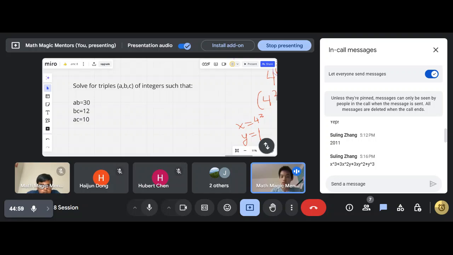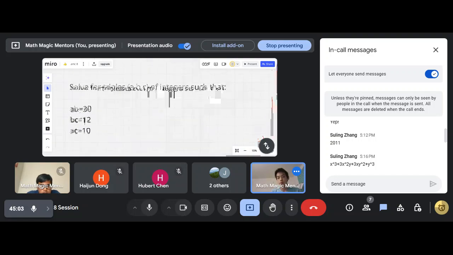And it is also interesting because all three pairs of the variables are chosen.